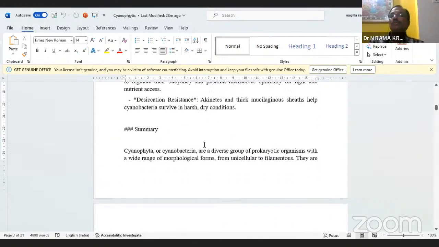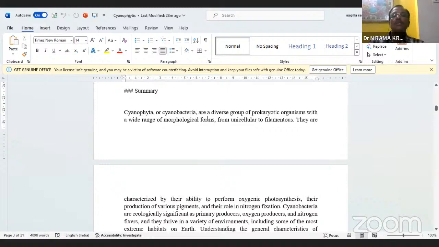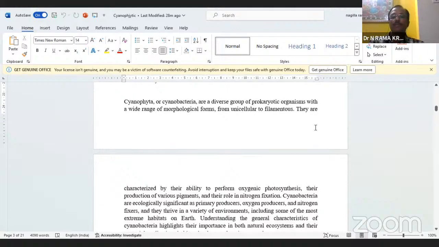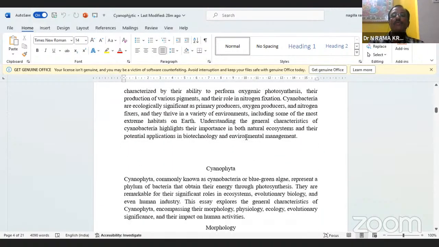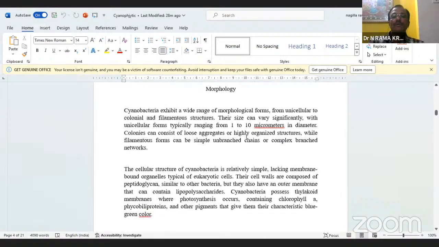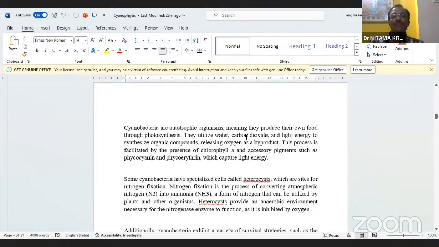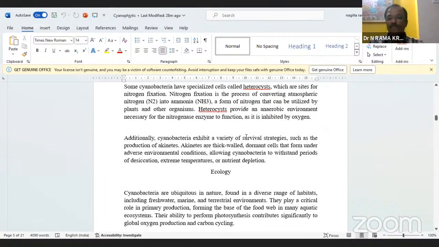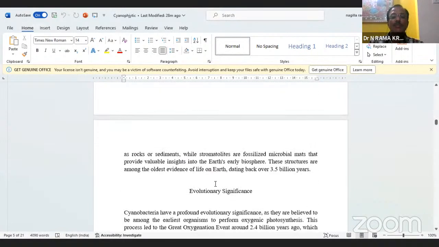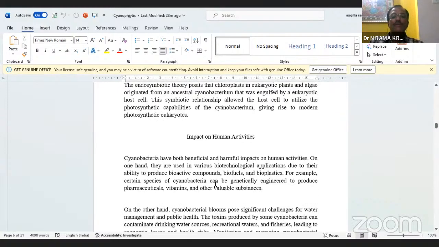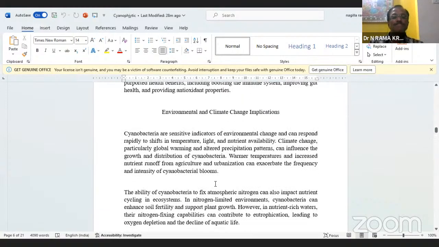Now you see here the cyanobacteria. It is a prokaryotic organism with a wide range of morphological forms, unicellular and filamentous. So next, this is in general characters. Now we are going to go to one particular topic. Just one minute.